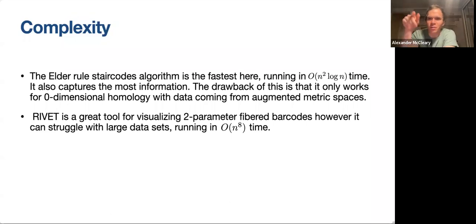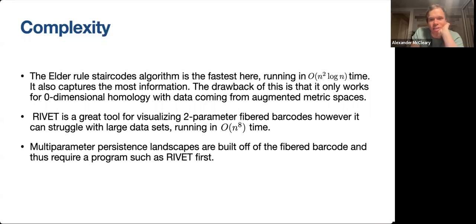This is running in O of n to the 8th, where this computational cost is if we're looking at n data points and we're doing zero-dimensional homology here. So this lets us compare RIVET with the elder rule staircodes algorithm, and we can see the elder rule staircodes is much faster, but also much less specific.